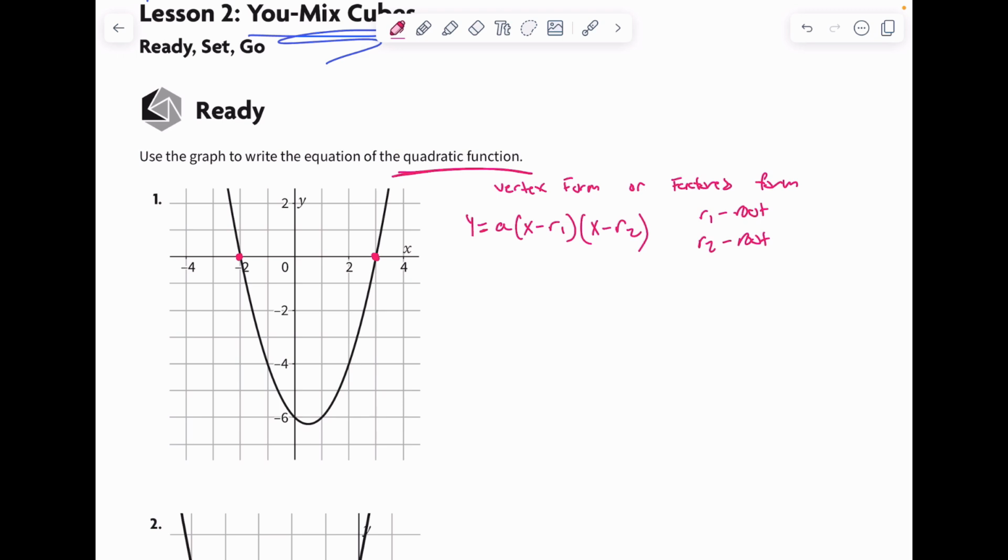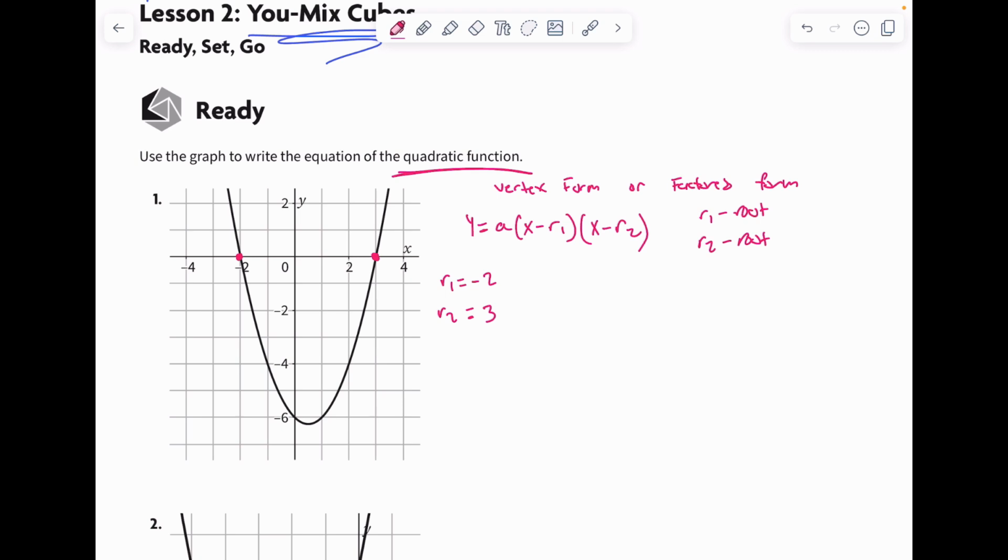So let's identify first that this right here is at -2. So R1 is equal to -2, and R2 is equal to 3. Okay?